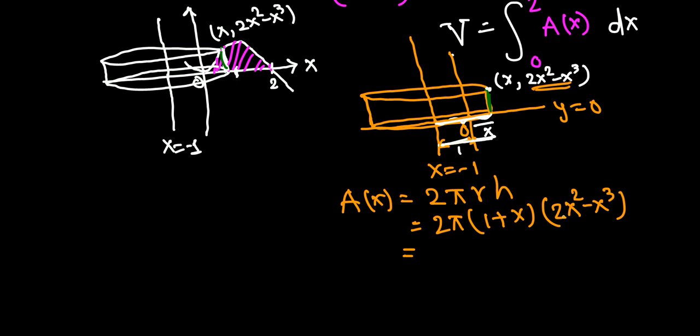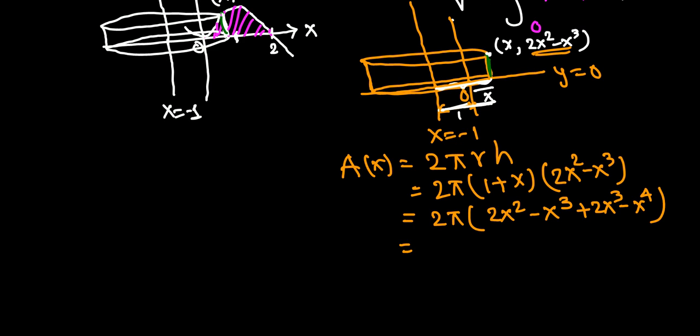Let's simplify. Multiply these two binomials: 2 pi times (1 times 2x squared, 1 times minus x cubed, x times 2x squared gives plus 2x cubed, x times minus x cubed gives minus x to the 4th). That's 2 pi. Can we combine 2x squared? No, just 2x squared minus x cubed plus 2x cubed, which is plus x cubed, minus x to the 4th. This is the surface area of the shell.